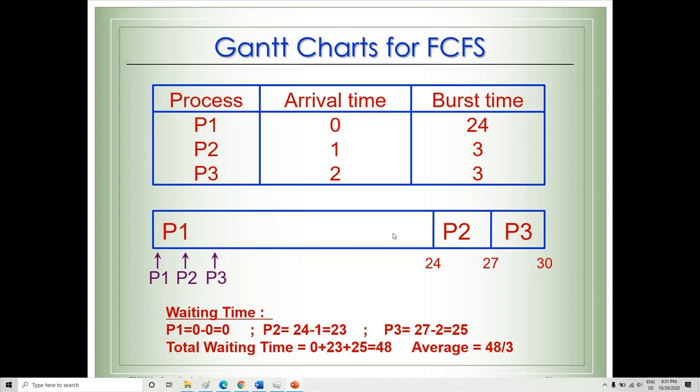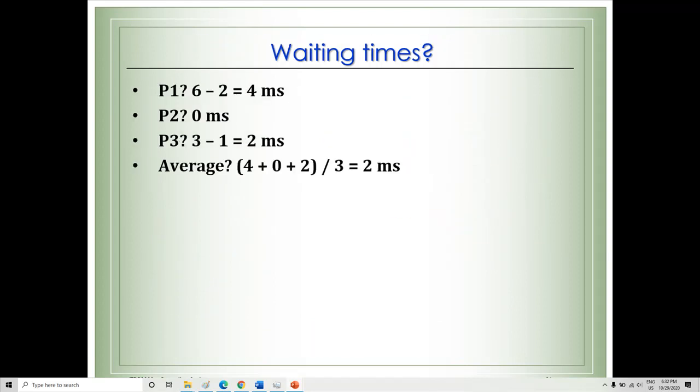So P1 can hold the CPU until it terminates, for its full burst time. Similarly, P2 also can hold the CPU for its full burst time. P3 is also holding the CPU for its full burst time. Such kinds of algorithms are called non-preemptive.